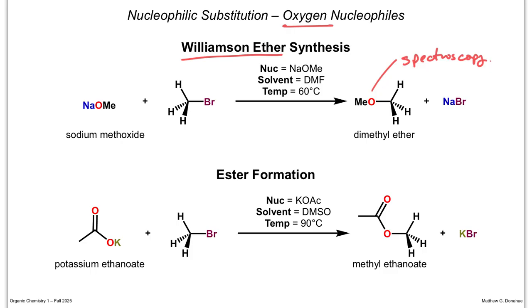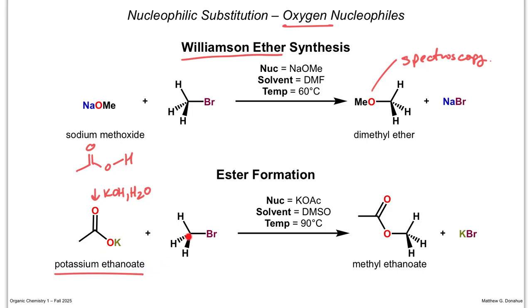The next oxygen nucleophile is starting with the conjugate base of a carboxylic acid. So if we started with ethanoic acid and we treated that with potassium hydroxide in water, that would do an acid-base reaction to generate this species with K plus O minus.